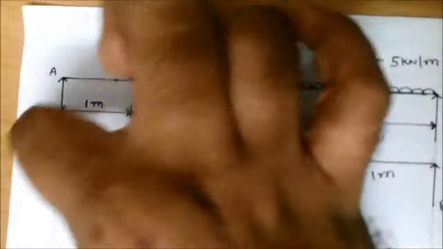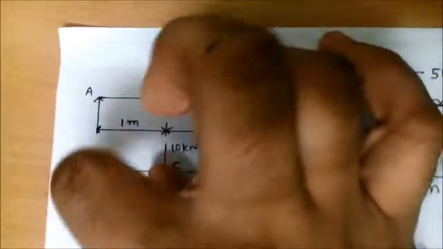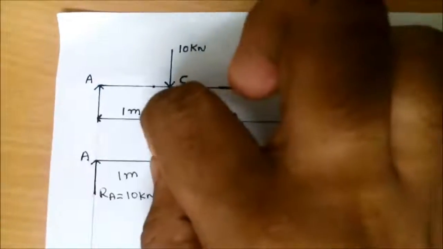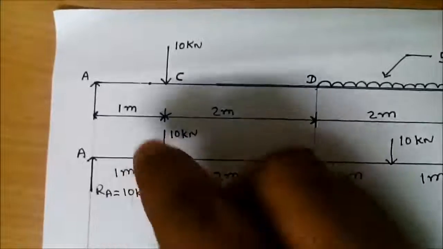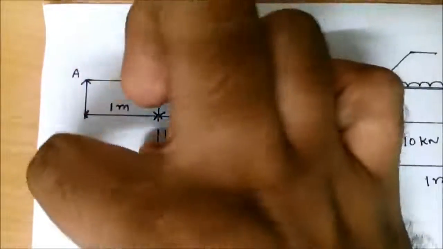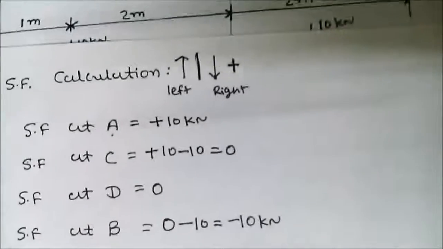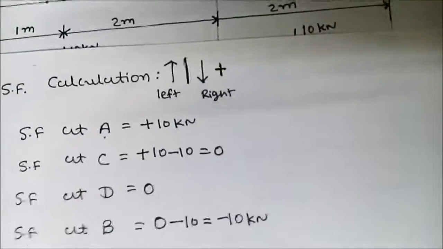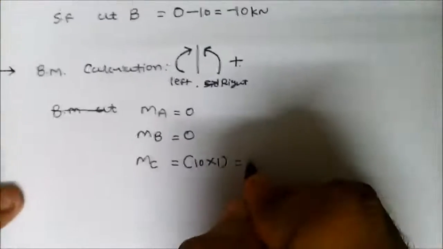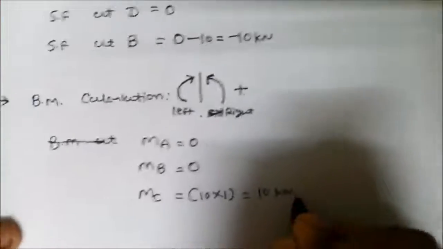So clockwise direction is taken positive because we consider the left side. So 10 kilonewton force, perpendicular distance 1, so moment is 10 into 1. So bending moment at C is 10 multiply 1, equal to 10 kilonewton meter.